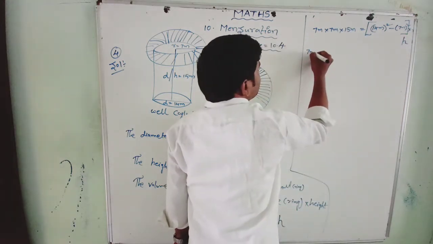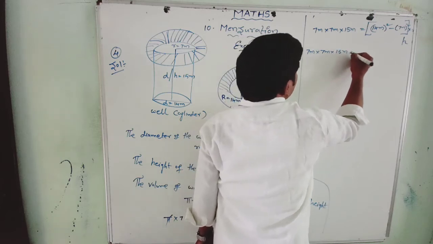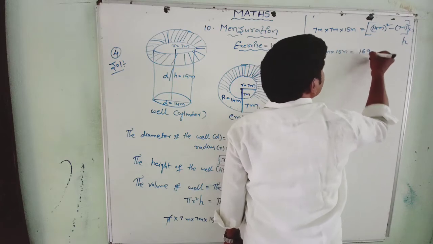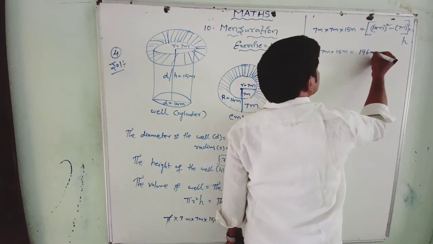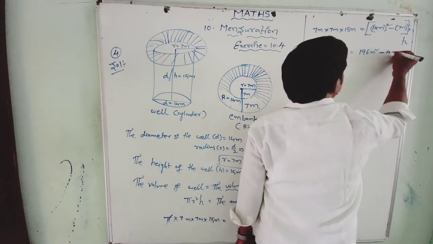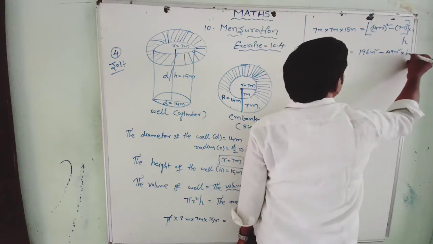So here 7 meters into 15 meters equal to 14 square, that is 196. 14 square is 196 meter square minus 7 square is 49 meter square, into h.